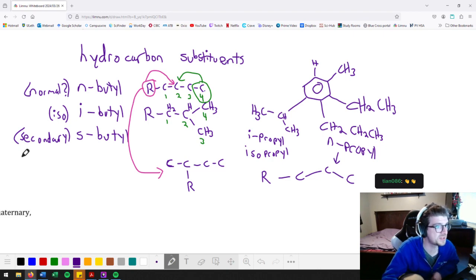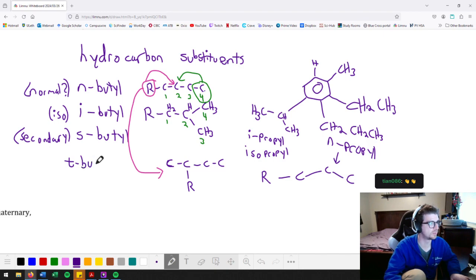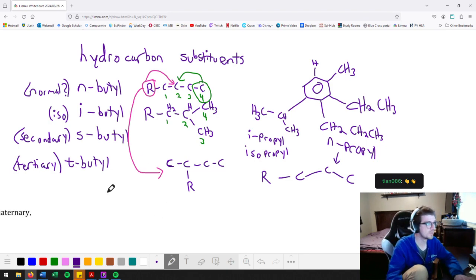The last way that you can arrange a butyl group is by making it into a T-butyl group. And the T stands for tertiary. Okay.